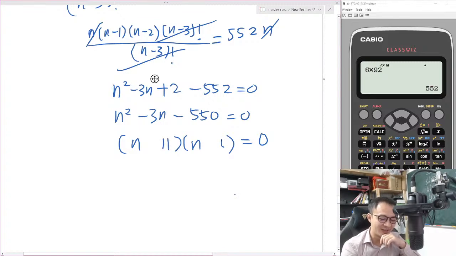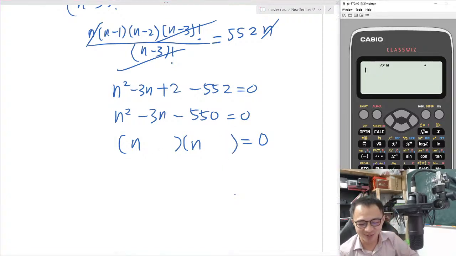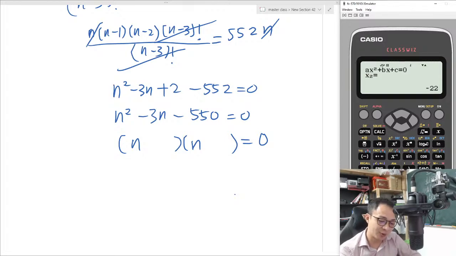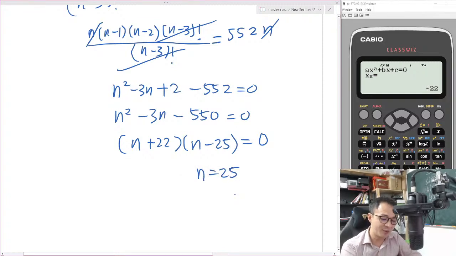It's fine, I won't use so much of my brain. Use a calculator. Go to the equation, go to polynomial, number 2. So it's 1, minus 3, minus 550. So it's 25 and 22. So it's positive 22 and negative 25. So n equals 25 because we only take the positive answer.